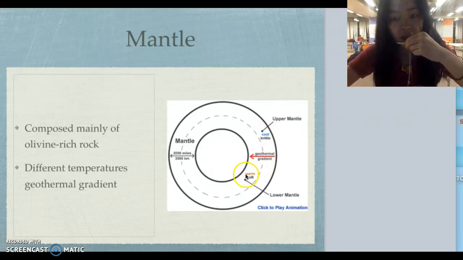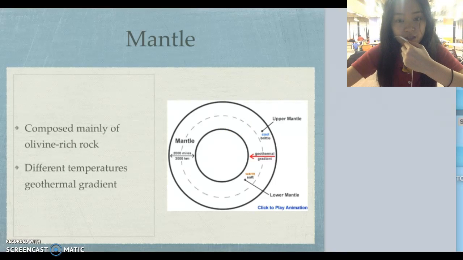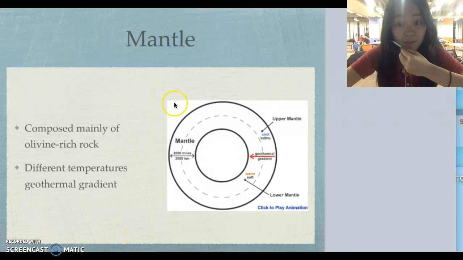In the lower mantle, where the temperature is higher, the rocks are very soft, and in the upper mantle, the rock is cold and brittle. The upper mantle is soft enough to produce earthquakes, and brittle enough to break.